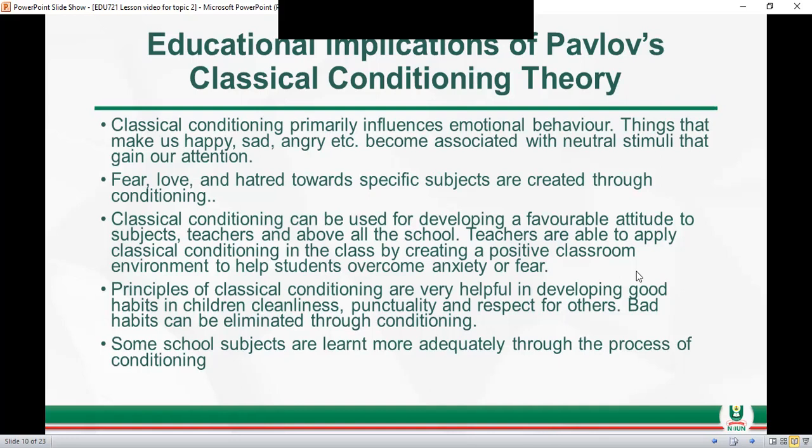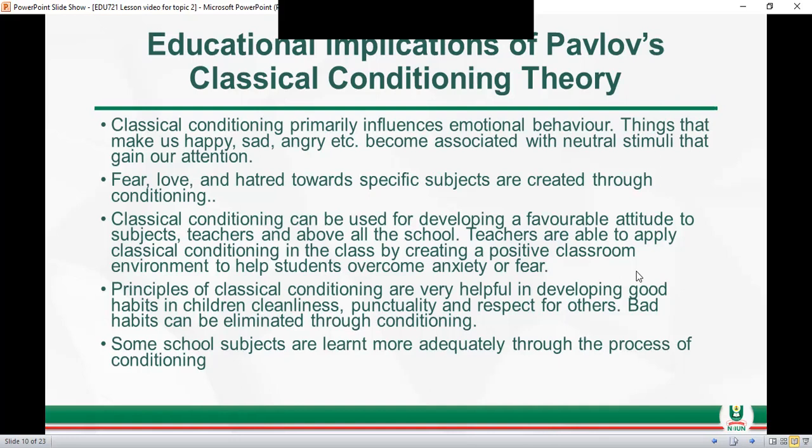Just as students can dislike a particular subject because of the way the teacher handles it, the same way teachers should improve their behavior and create a positive classroom environment that will attract students to come to school and to learn.